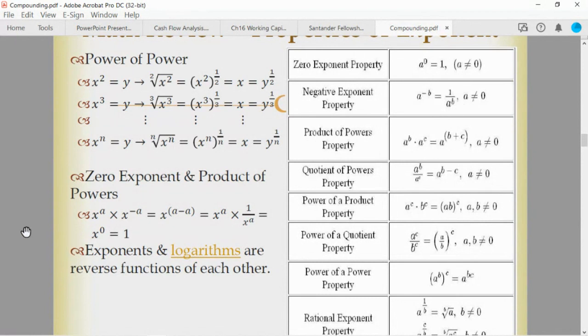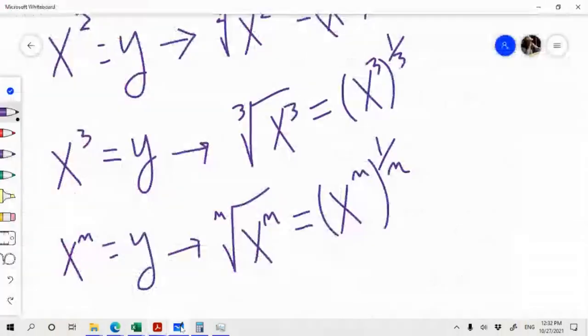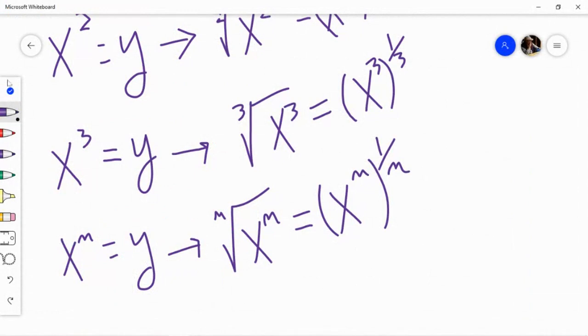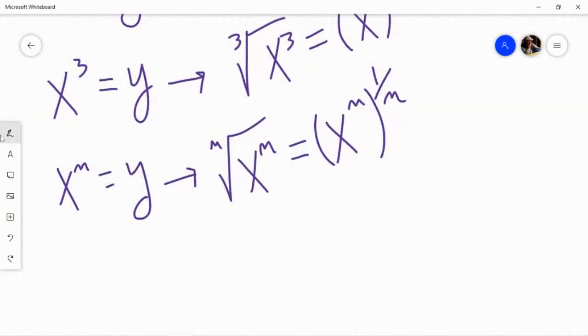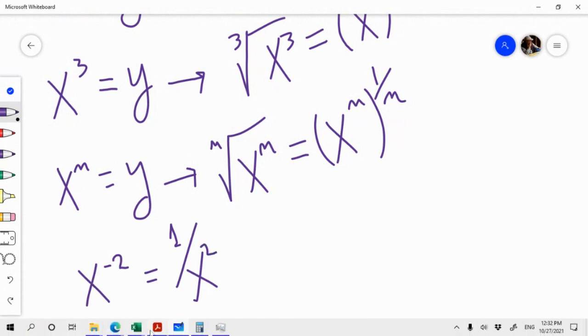You understand? Look, x to negative 2 is 1 over x squared.